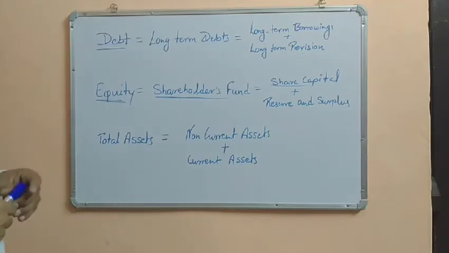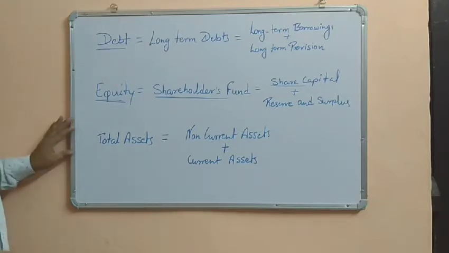And the part of reserve and surplus includes the general reserve, CRR, DRR, capital reserve, revenue reserve, and all types of reserve. Even the surplus includes what? The surplus includes the part of profit and loss for the year.